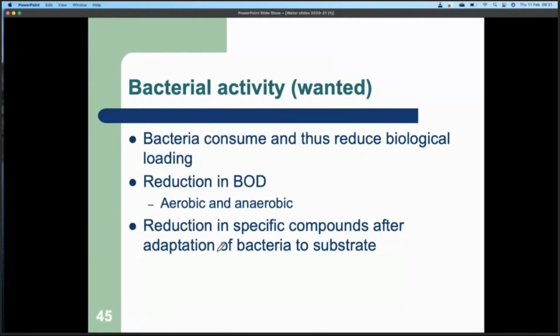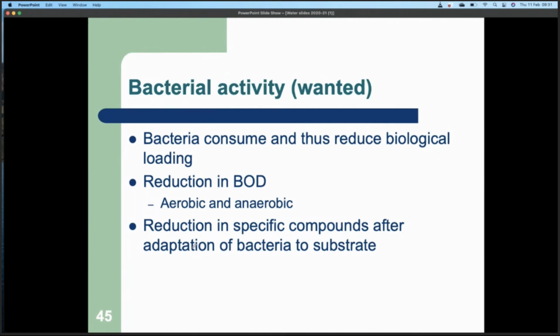One thing maybe to mention is that with all of these, the reduction in some specific compounds really only happens after the bacteria adapt to the substrate. So that's again my celeries and fried Mars bars example. You can apply this to anything. The bacteria as a cohort are very diverse.